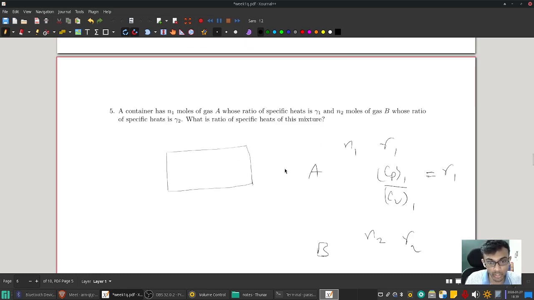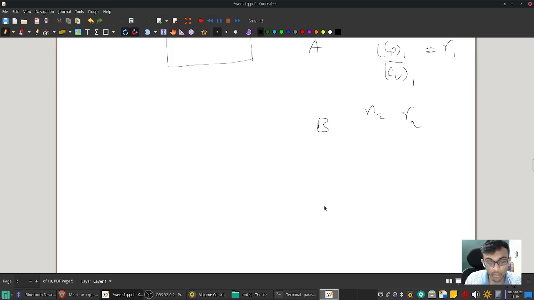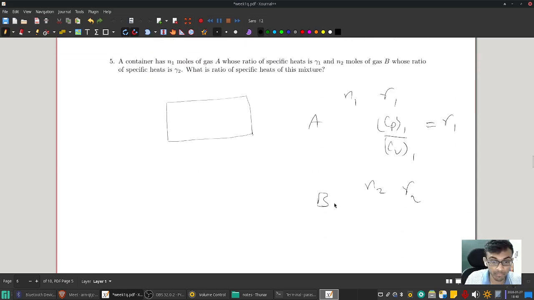Anyway, this is a scenario that we have right around us everywhere. So we have a mixture of gases with different ratios of specific heats.